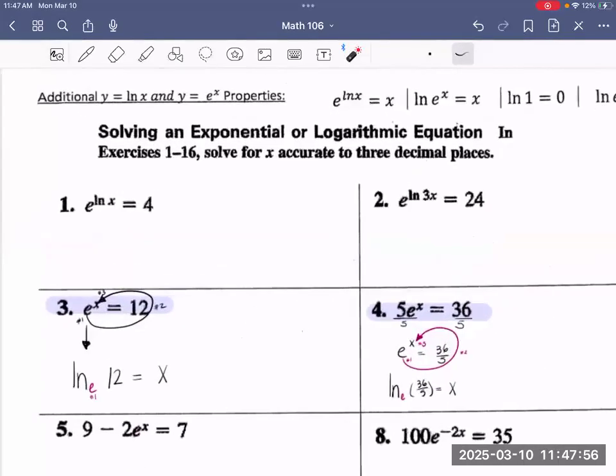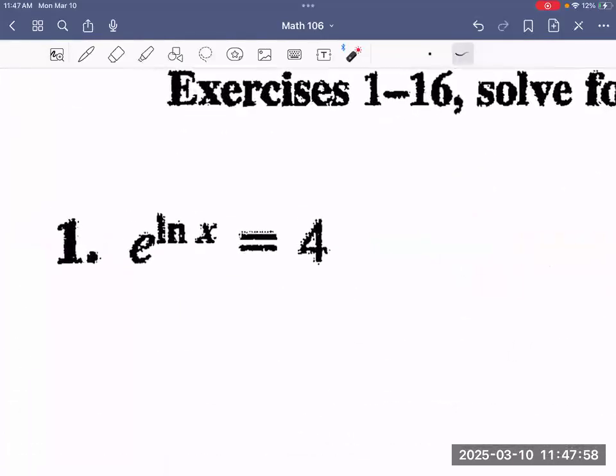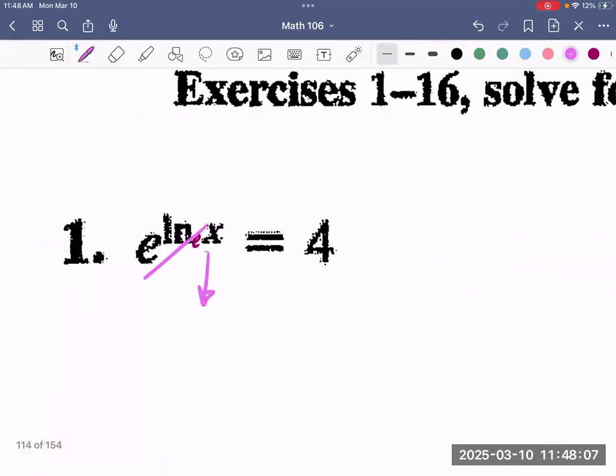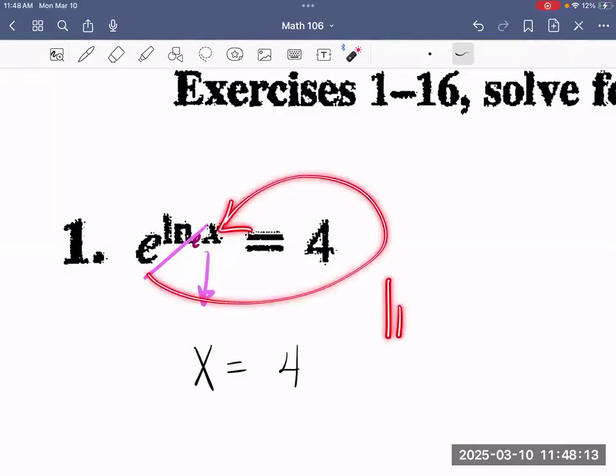And if you wanted to, you could do it here as well. Notice that e to the ln of x, well, that has your base e here. So they will cancel and x drops. So x is equal to 4. Or if you wanted to do your swoop method, that's fine. It's just ln of base e, e to the 4 is equal to ln of e to the x, right?